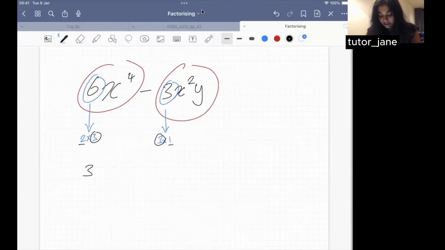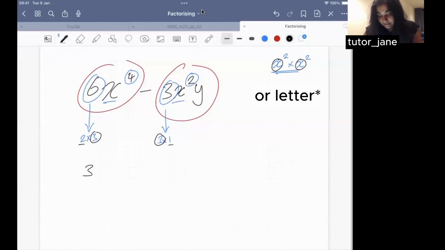Now let me look at the letters. So let's look at the x. So here we've got an x to the power of 4 and we've got an x to the power of 2. Now, a quick lesson on powers and indices. I'll do it up here in case you don't know. If we had something like x squared times x squared, so when we multiply two indices that have the same base, so in this case, by base, I mean the main number at the bottom.